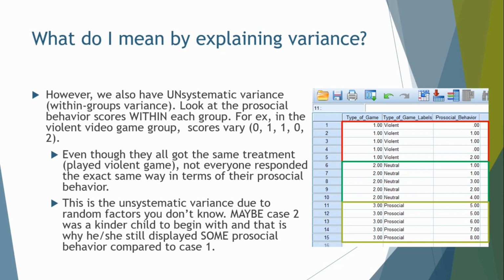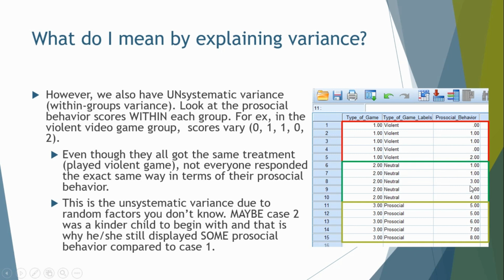So if our IV was affecting the DV completely and nothing else was affecting our DV, then we would expect all of the scores within the violent video game group to be the exact same because nothing else would be affecting these scores, okay? So we would expect this group's scores to be low, but all the same.